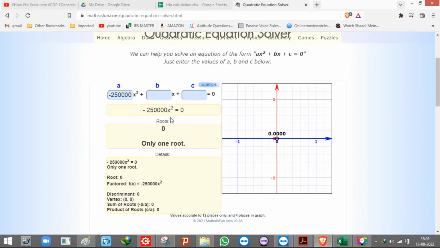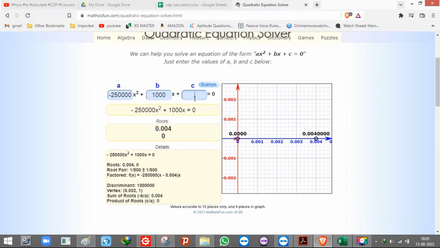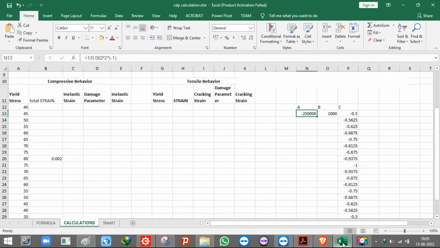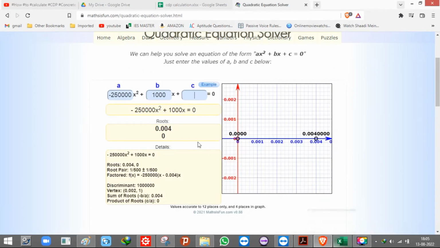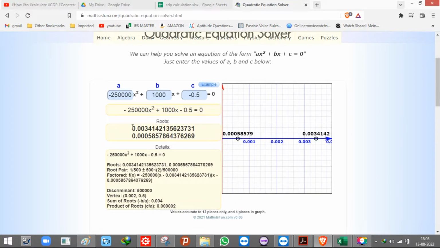Then B value is 1000, and C value is my -0.5. Now check, there are two roots. This one is 0.0034, and this one is 0.0058 something. Now which one should we be taking, this one or this one?